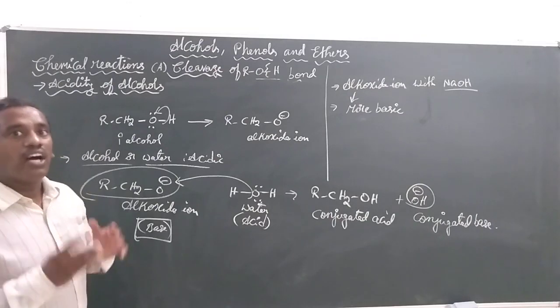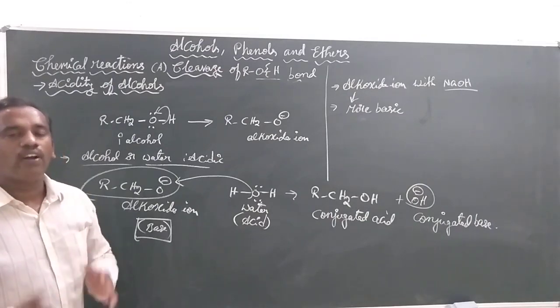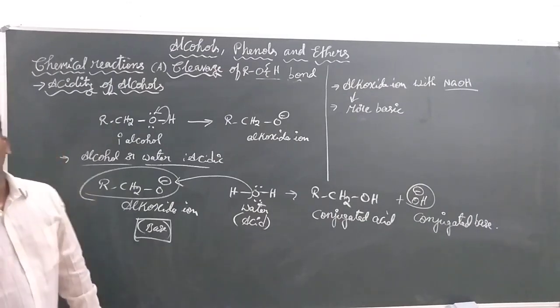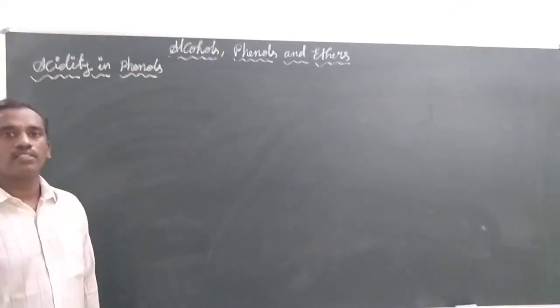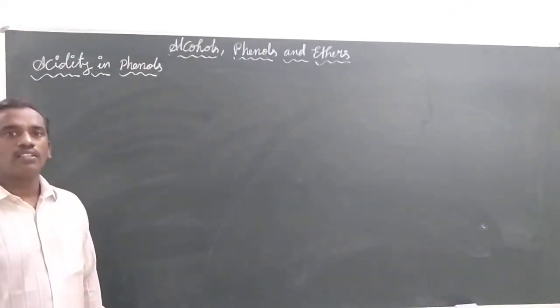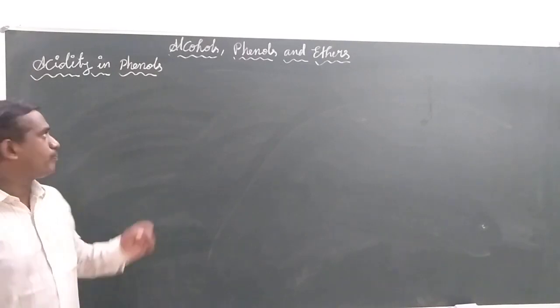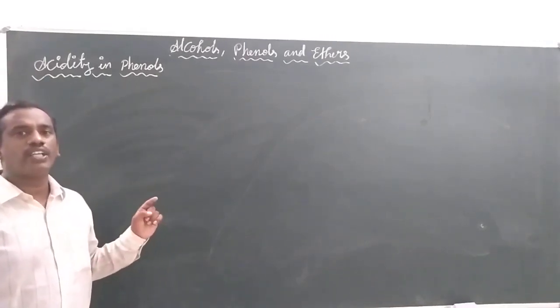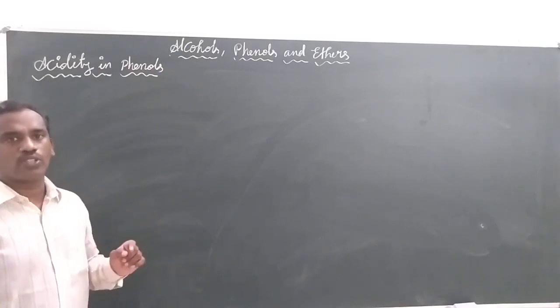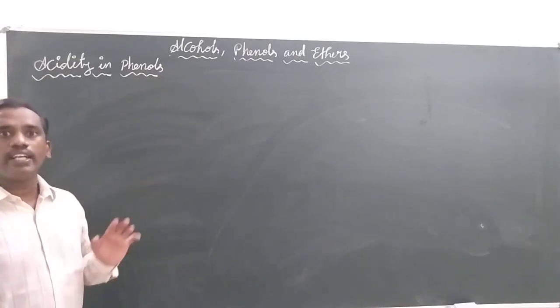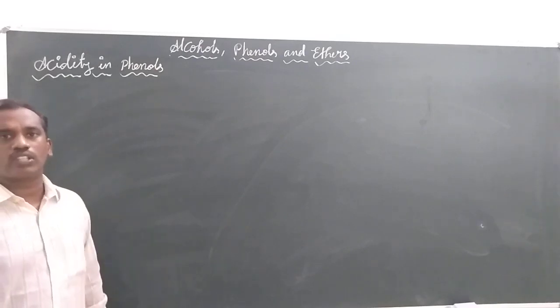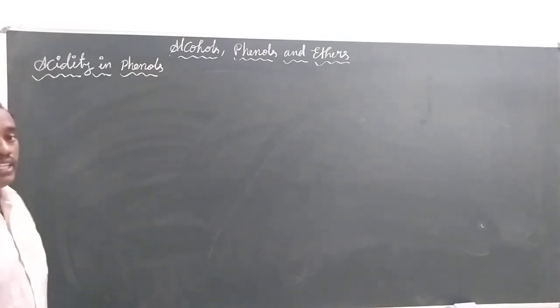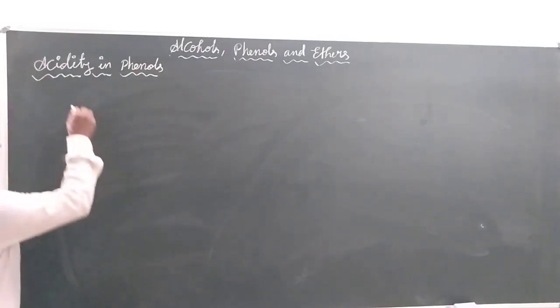Let us now take the acidity of phenols. This is very important for objective questions, more than the acidity of alcohols, so let us concentrate on the acidity of phenols.